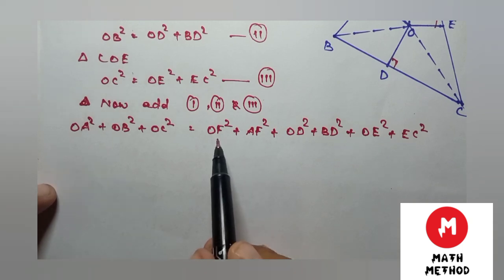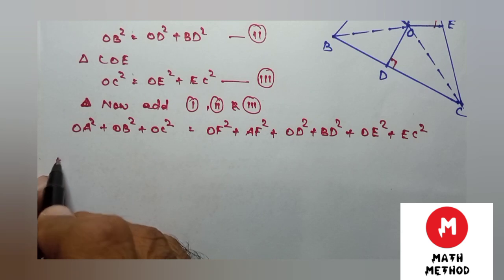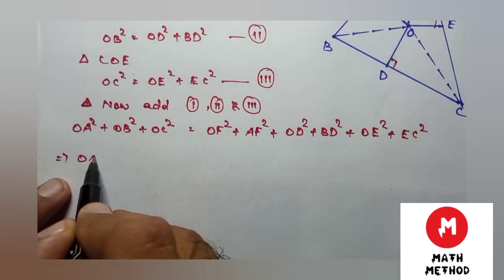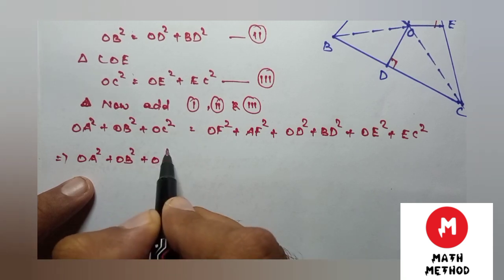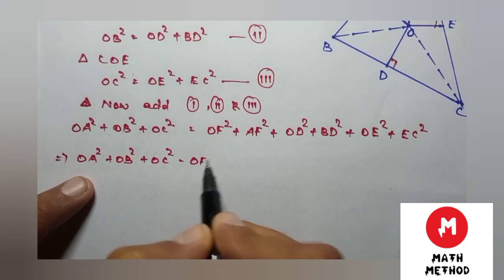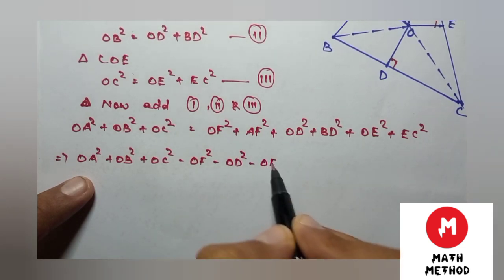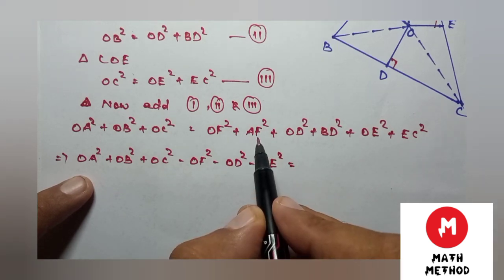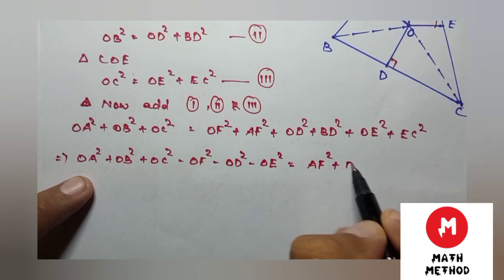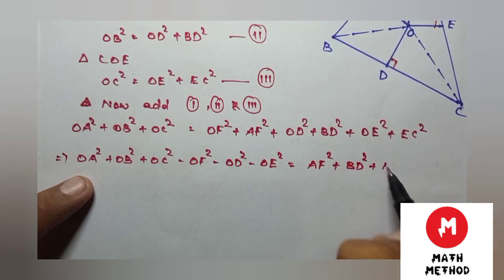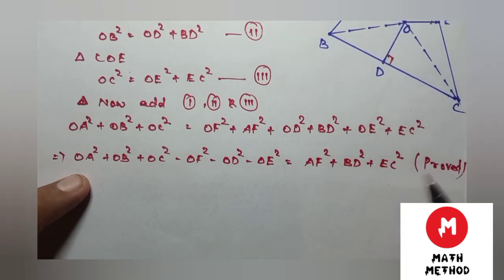Now transpose the terms starting with O, OF, OD and OE, implies OA square plus OB square plus OC square minus OF square minus OD square minus OE square is equal to the latter terms, AF square plus BD square plus EC square. This is our proved. Part 1 is proved.